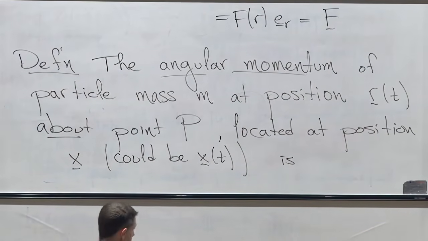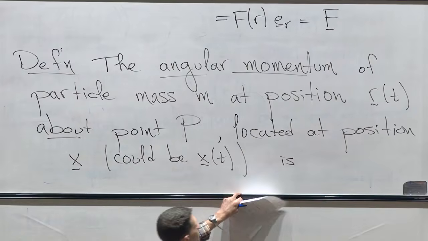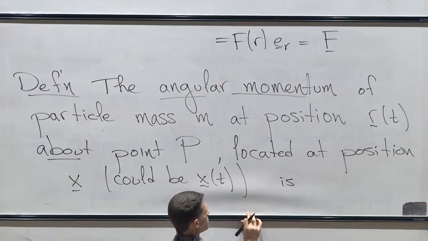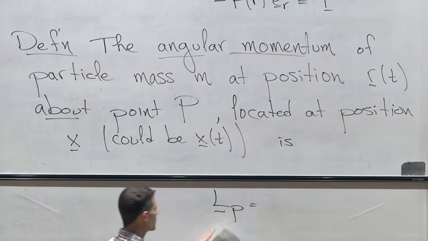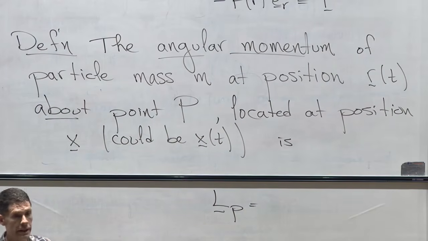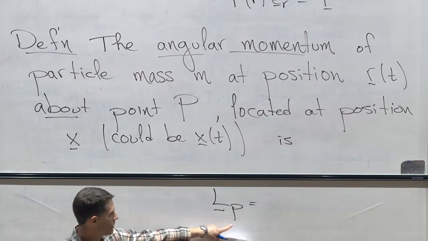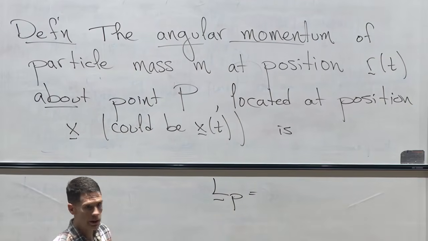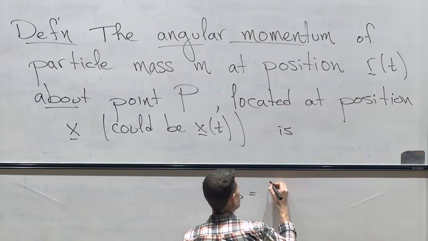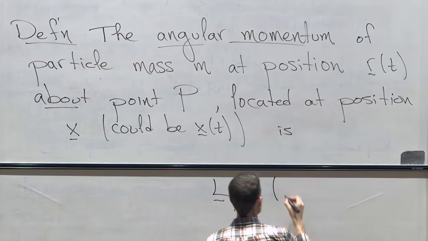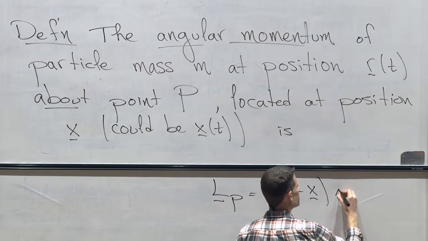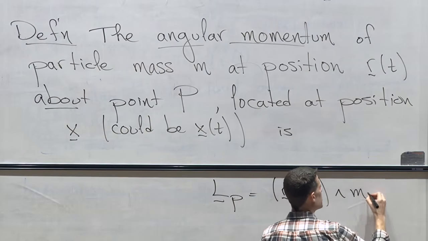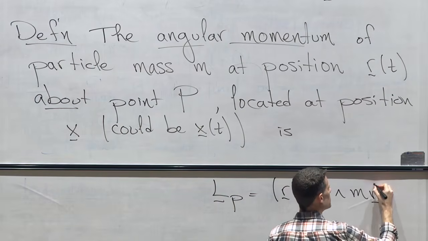Okay, let's write the formula and then make some sense of it. So we'll use capital L for angular momentum. It's a vector. The subscript P means about point P. And we take the vector r minus x cross m r dot.